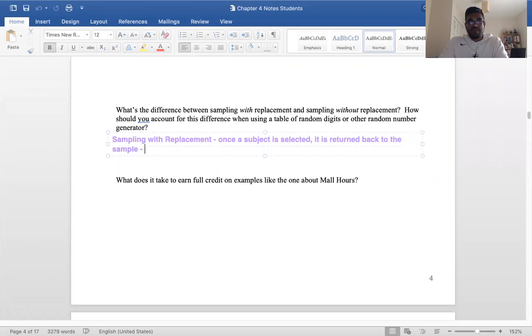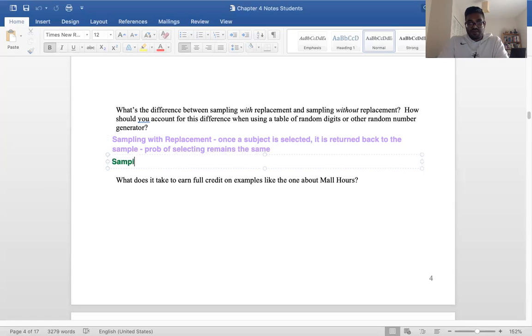What that means is the probability of selecting remains the same. If you have 50 people, there's a 1 out of 50 chance you get selected, and if you go back in, that's going to stay the same. But if you take that person out, then there's only 49 people left to select from.